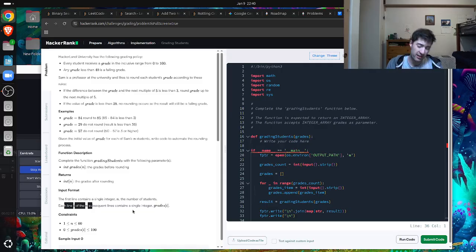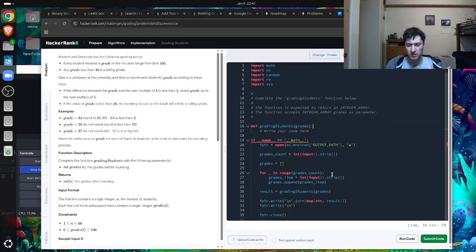And now with HackerRank specifically, they do a really weird thing where the actual input is not the real input. So I have to take what they say here with a grain of salt, because I believe it is this input that they're talking about that gets passed eventually to this function.